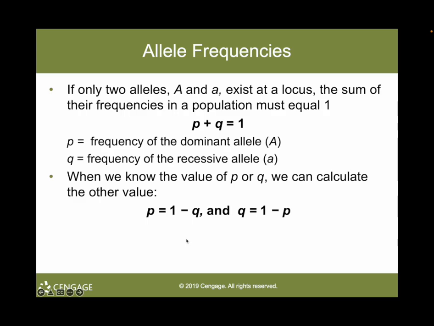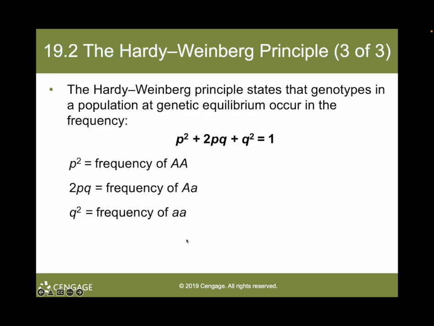So given Q, you are always able to find P, because 1 minus Q equals P. And the same goes if you're given P. In that case, 1 minus P equals Q.